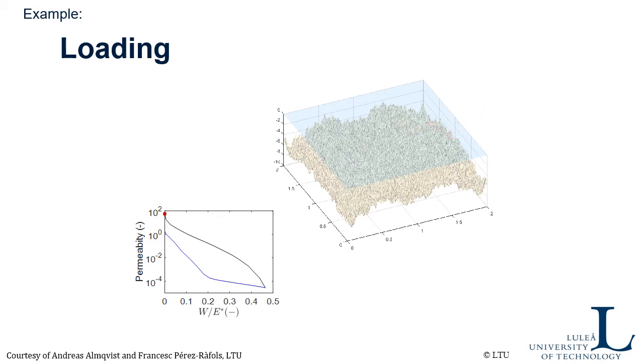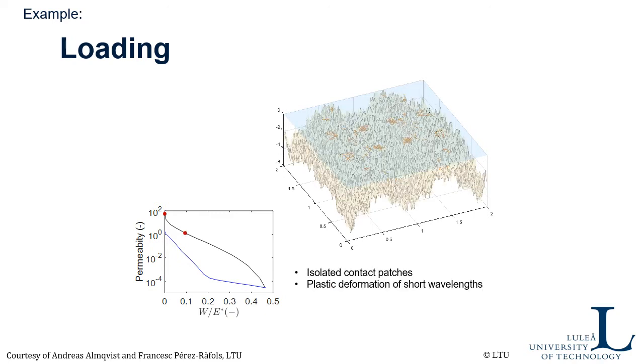the roughness. And the higher the load is, where W is the load, in this case a non-dimensional load, the more the surface comes into contact. If you increase the load to 0.1, in non-dimensional numbers, you end up with this case. Then you have contact spots like this.